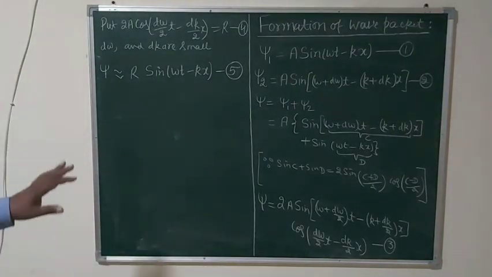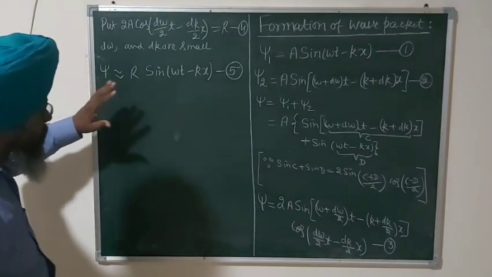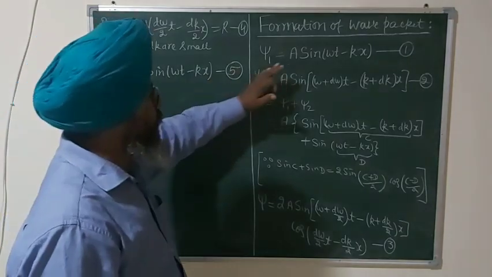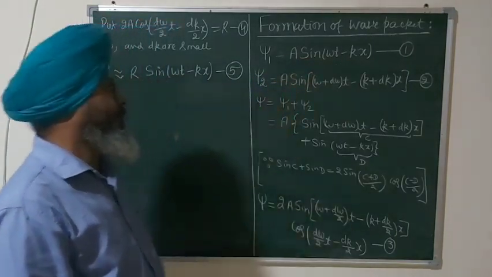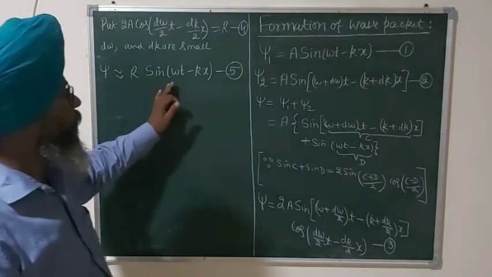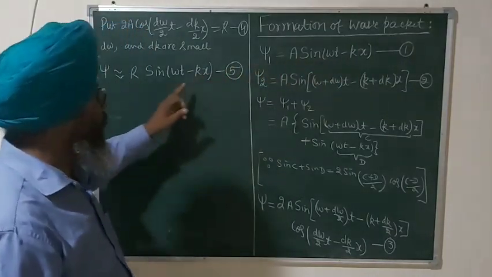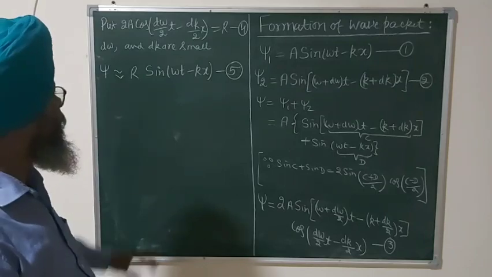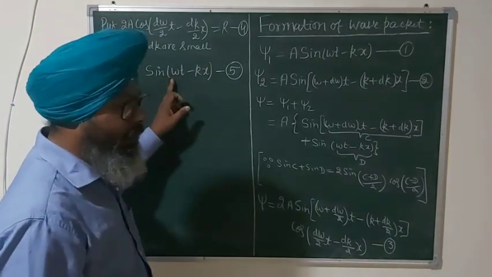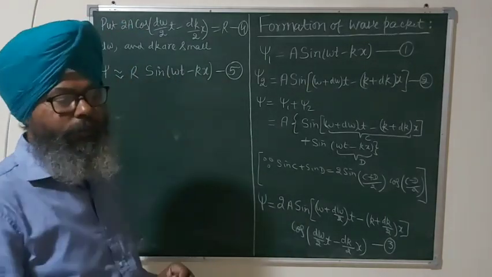Now equation 5 is matching in form with equation number 1. Both of these equations represent a progressive wave having frequency omega and propagation constant k.